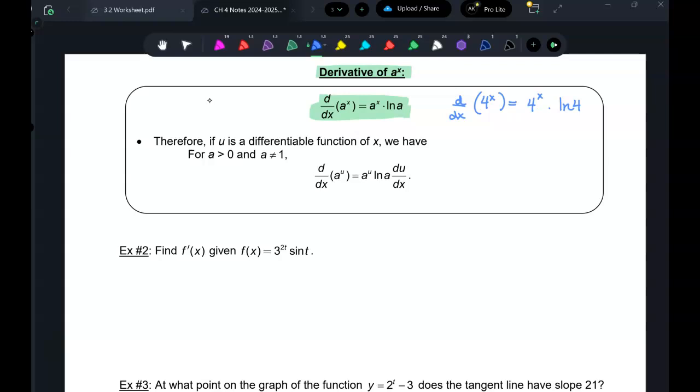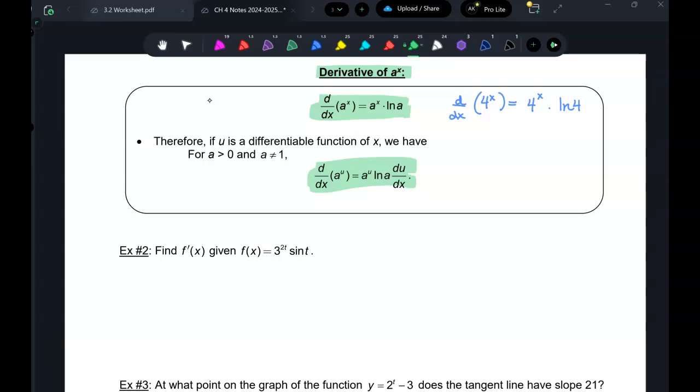So if the base is anything other than e, we just have to multiply by natural log. Now technically if it was e, we could still multiply it by natural log of e, but what's natural log of e? 1. And this format here is just in case we have chain rule required.